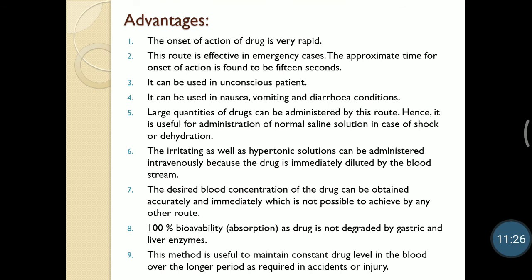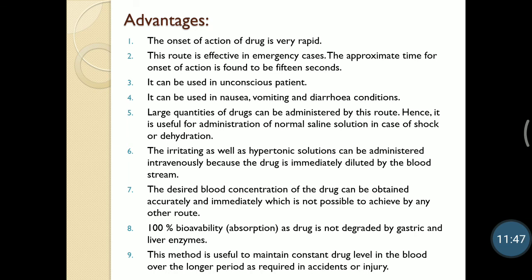Advantages: the onset of action is very rapid. We can use it in medical emergencies, and it takes approximately 15 seconds to show the effect. We can use it in unconscious patients, patients suffering from nausea, vomiting, diarrhea, and large quantities of drug can be administered. That's why we prefer this route for saline injection.